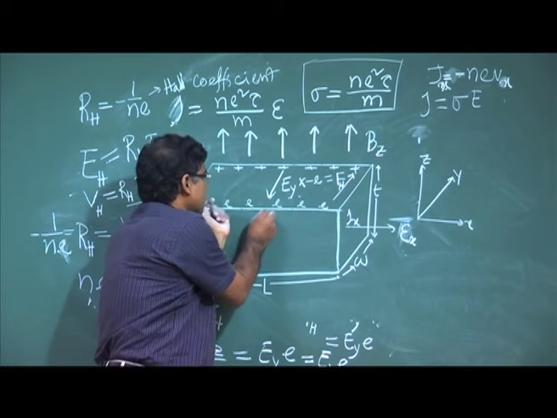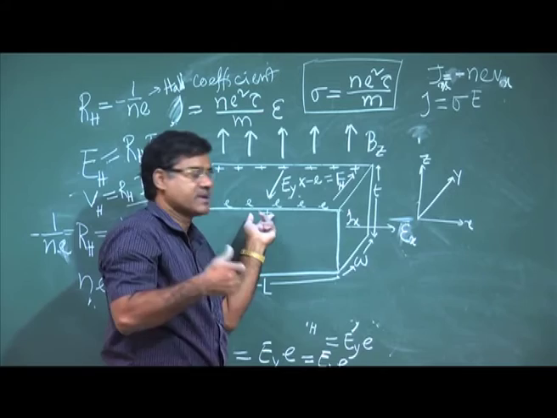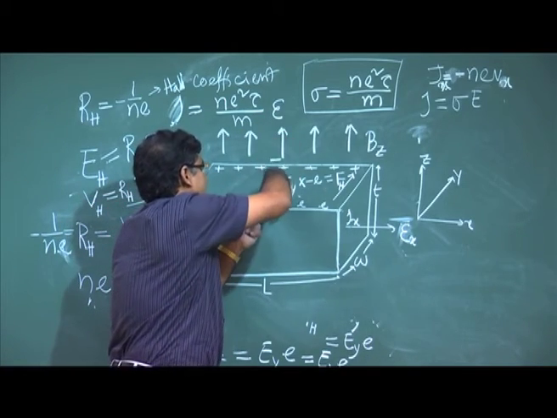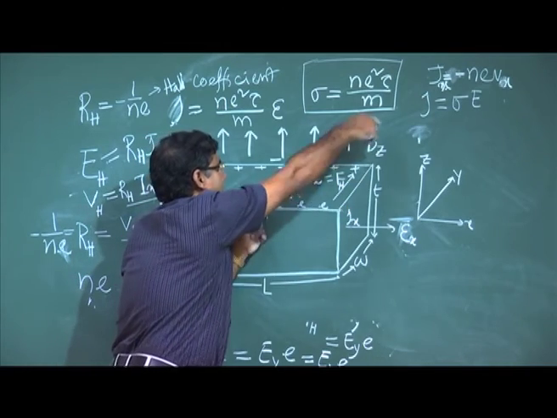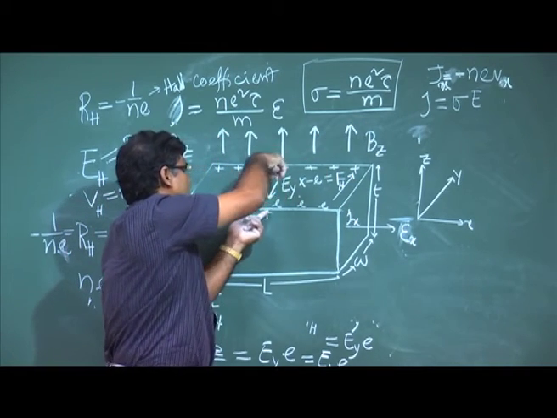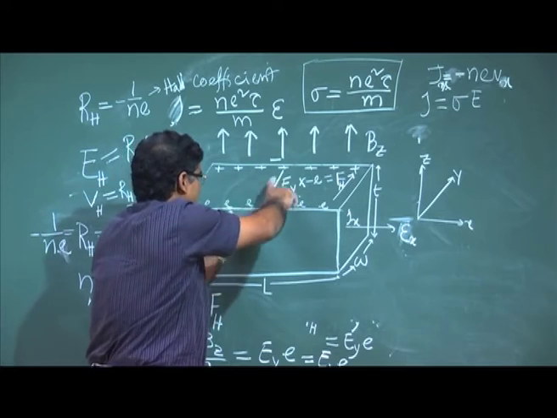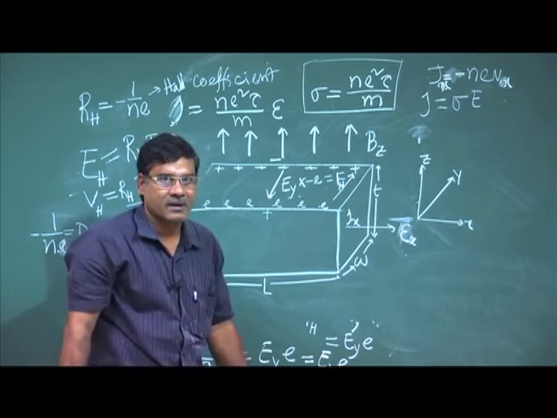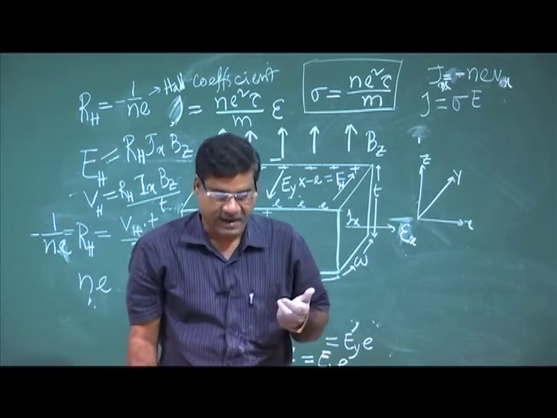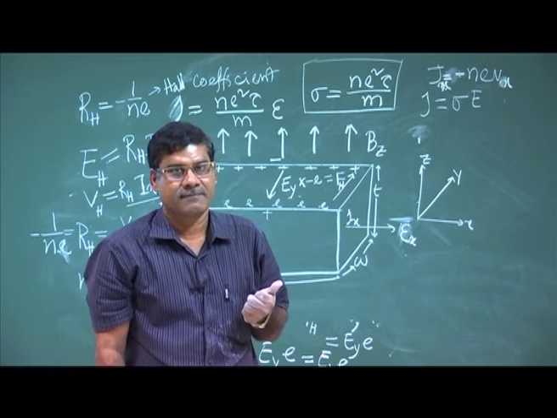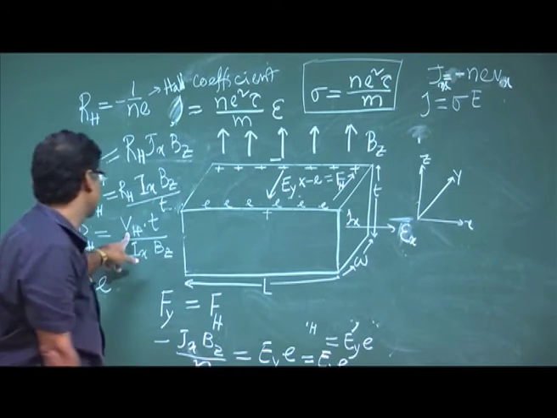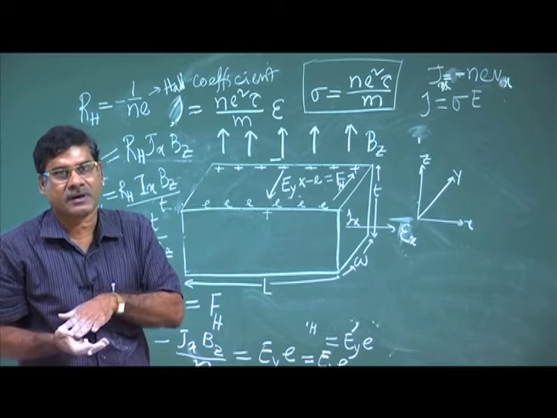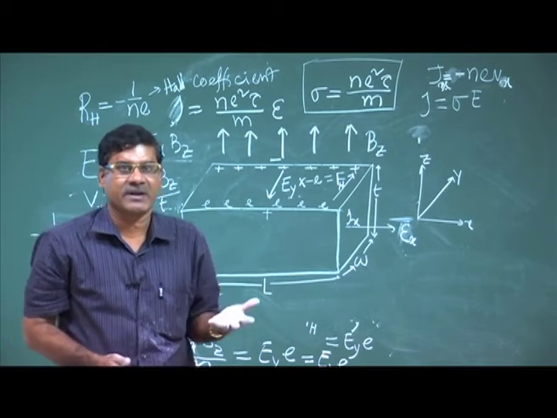If this side is the positive terminal of your voltmeter and this is the negative terminal, chosen in such a way that it is along the positive direction, then you will get a negative Hall voltage here. Whether it is a negative or positive voltage, we have to set a reference, right.